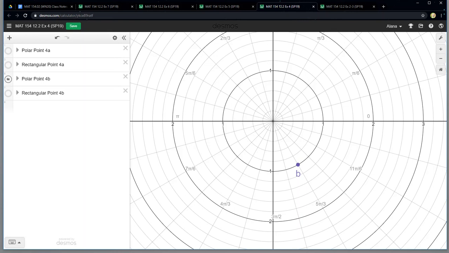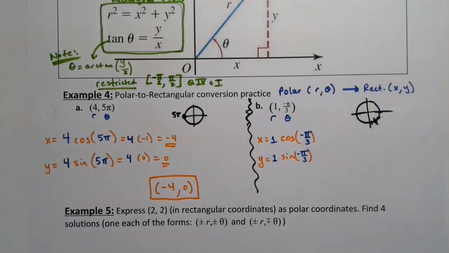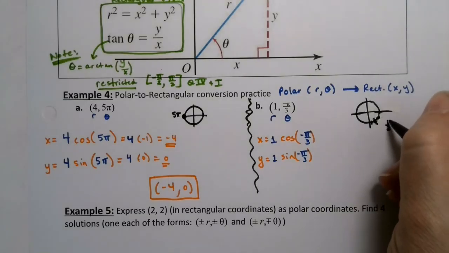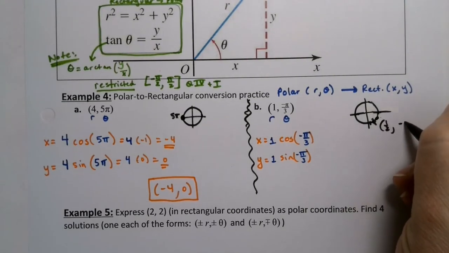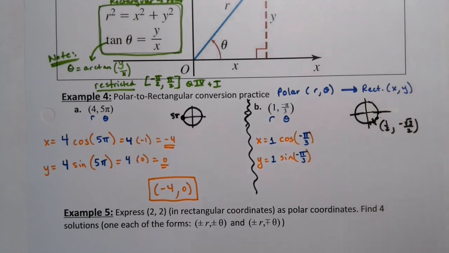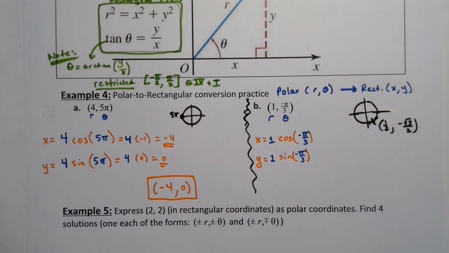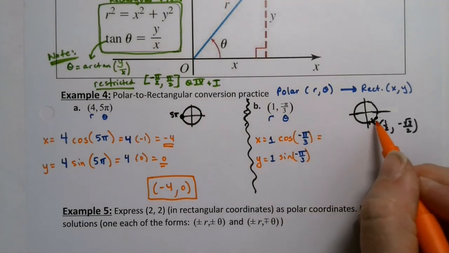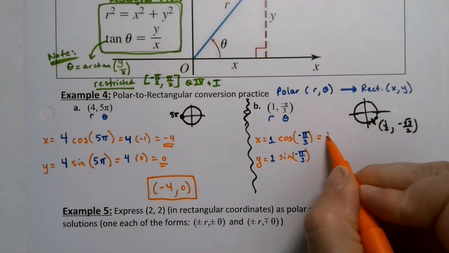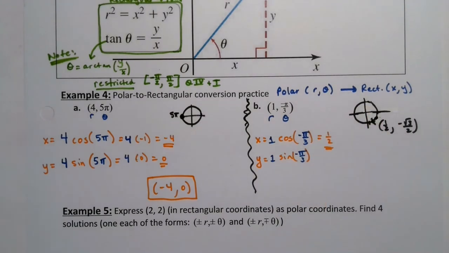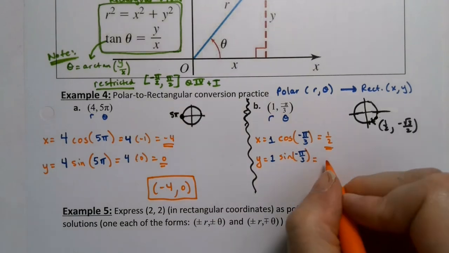But we remember the point on the unit circle. It would be a half and negative square root of 3 over 2. So that's what I would use. The cosine of negative pi over 3 would be the x value, which is a half, and the y value is negative square root of 3 over 2.